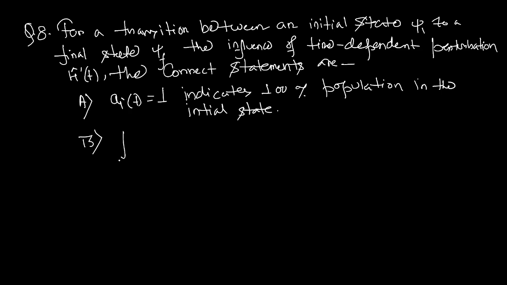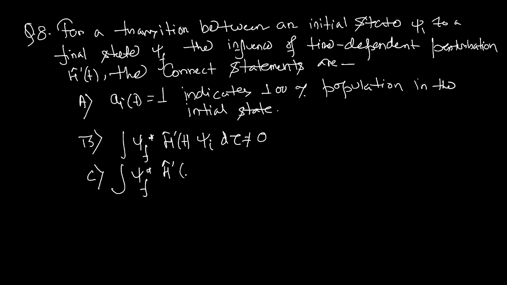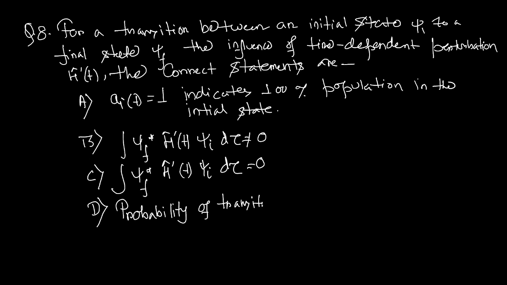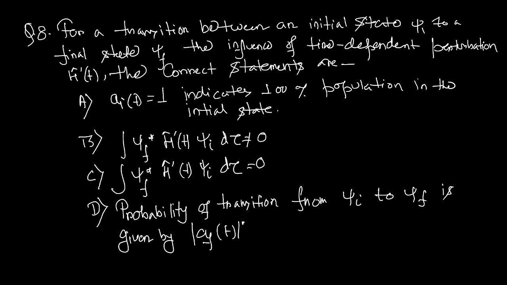Now psi f star H'(t) psi i, tau not equal to 0, c psi f star H' psi i is 0, d probability of transition from psi i to psi f is given by the modulus square.